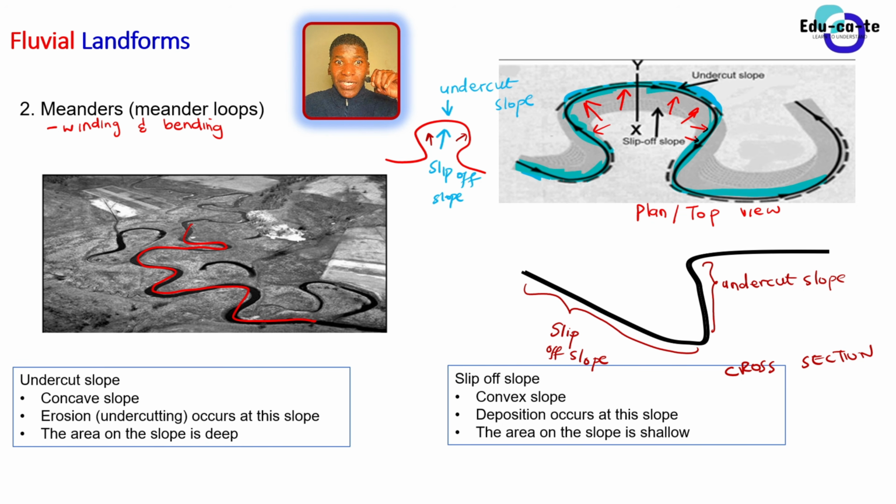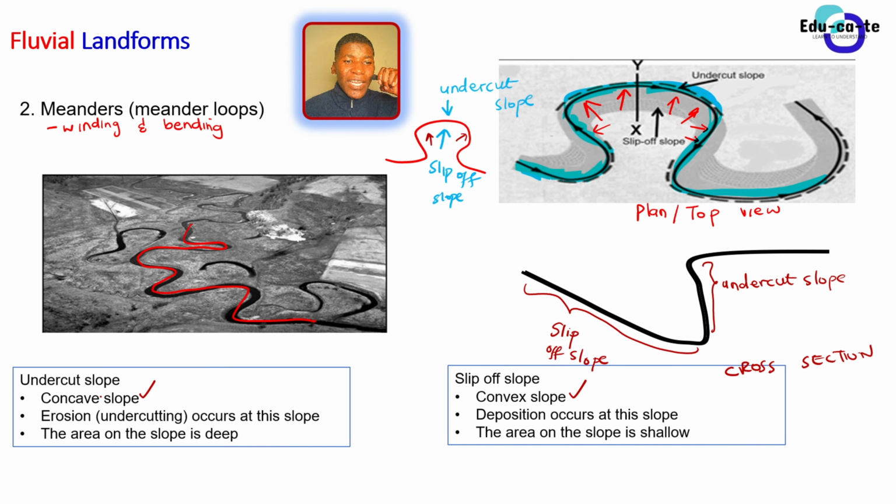They've got just opposite characteristics. So now, the undercut slope is concave. And then the slip-off slope is a convex slope. So slip-off is convex, and then undercut is concave. So you can just say the one is the opposite of the other.